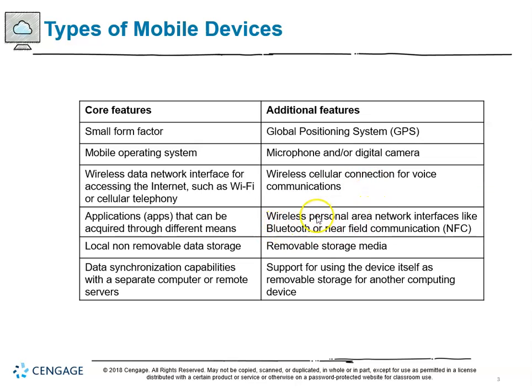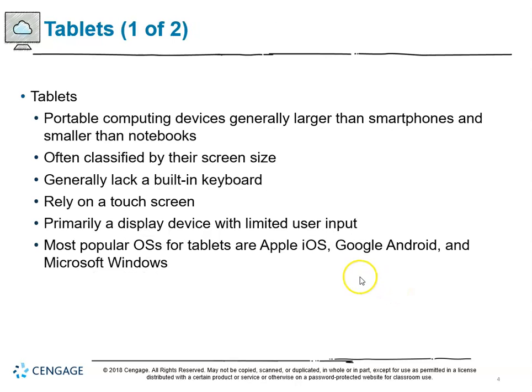This enables what are called PANs, or personal area networks, and also near field communication that we talked about last week, like for example with Apple Pay. Also, they could be configured with removable storage and support for using the device itself as removable storage for another computing device. So we'll be looking at an aspect of that in this unit as well, this so-called chaining or tethering. Let's look at tablets.